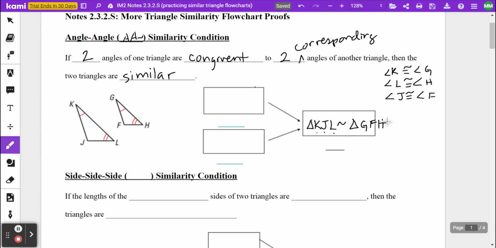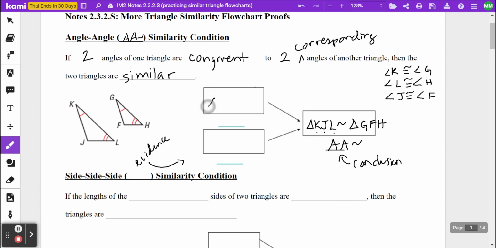So I've got my triangle similarity statement. Notice it's not congruence. I don't have the equal sign attached to the tilde. And this is by angle similarity. And then you have to justify your conclusion with your evidence.